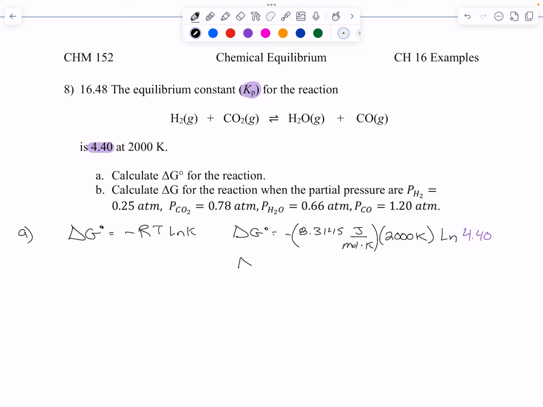So that means delta G standard is negative 8.3145 times 2000 times the natural log of 4.40.